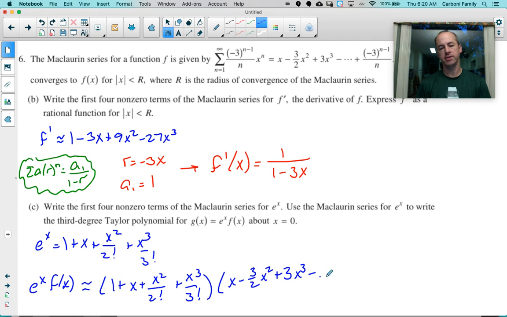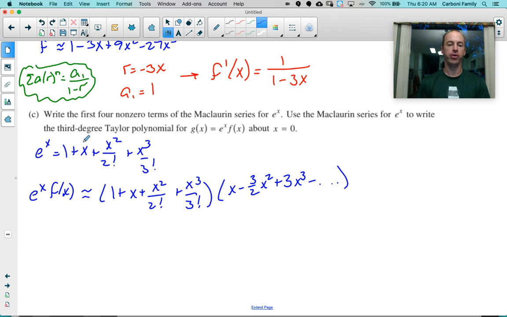And it does go on beyond that, but we are looking for the third degree Taylor polynomial. So what I'm going to do is expand that expression, and I'm going to have to expand to make sure I get all of my terms that are third degree or higher.